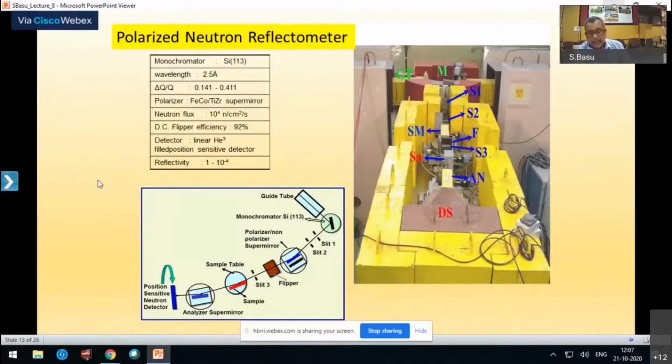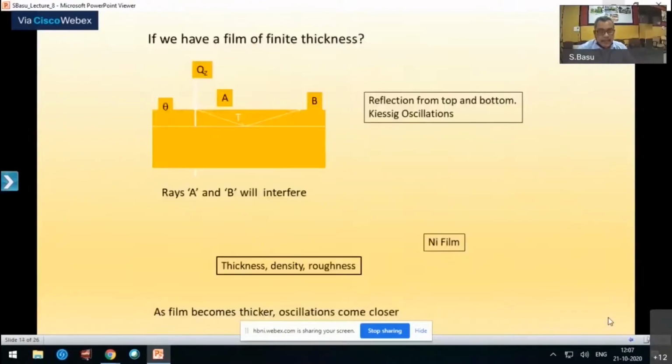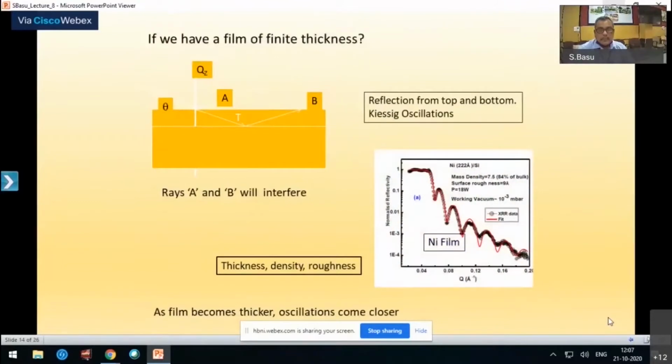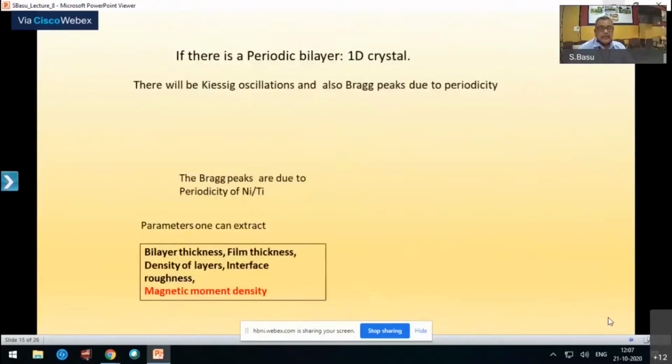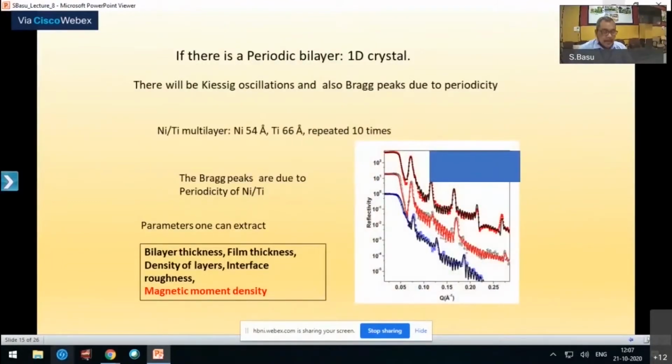So next day, I'll try to start from this point, and I will like to take you briefly to the dynamics of a system, and that will come in the next talk. Brief examples I'll give, and these will be taken up in the module of inelastic neutron scattering.